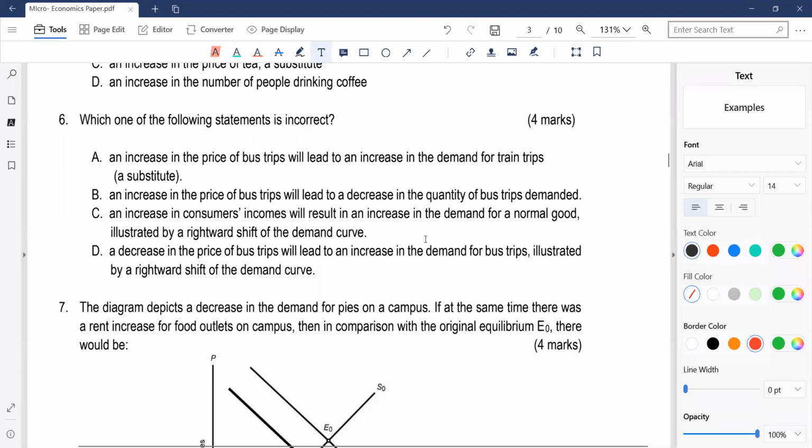And then illustrated by a rightward shift in the demand curve. Wrong, because when the price decreases and we have an increase in quantity demanded, we have a movement along the demand curve. We don't have a shift in the demand curve. That means our answer is D for number 6, because we want the incorrect statement.